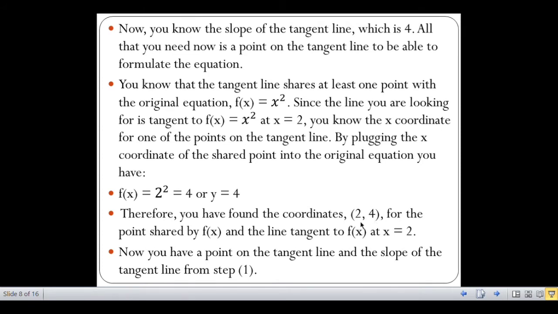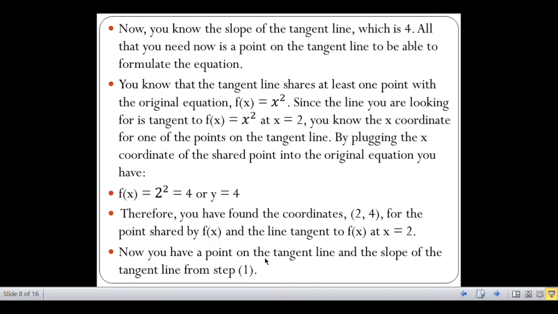Saan galing yung 2? Yung 2 galing po dito class, at x equals 2. And then yung 4, dito na po galing sa y, y equals 4. Yan po yung point on the tangent line, for the point shared by f of x and the line tangent to f of x at x equals 2.